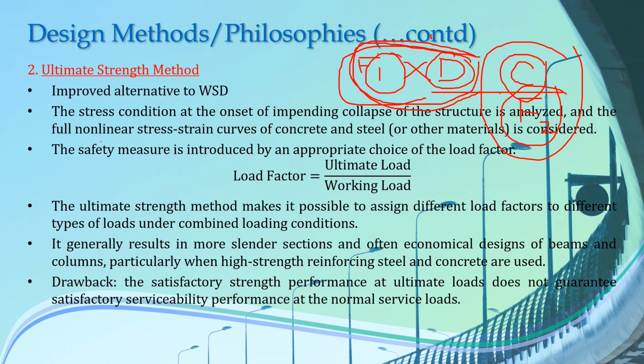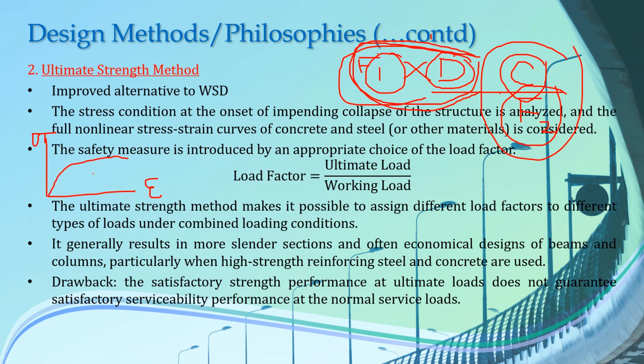Here in this ultimate strength method, the stress condition at the onset of impending collapse of the structure is analyzed, and the full non-linear stress-strain curve of concrete and steel is considered. For example, in a typical stress-strain curve for any material, on the y-axis we have stress and on the x-axis we have strain.